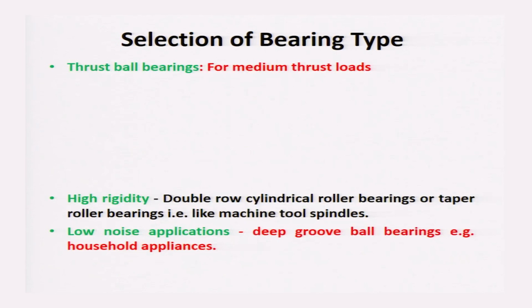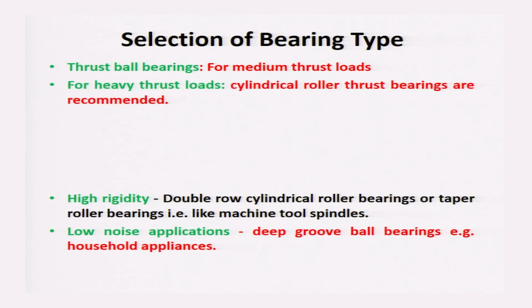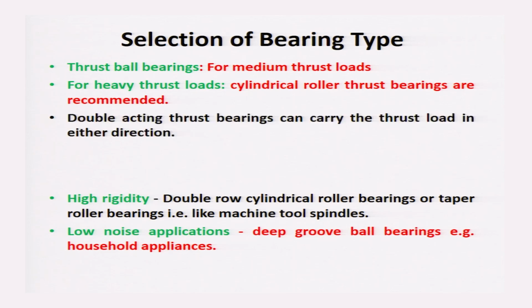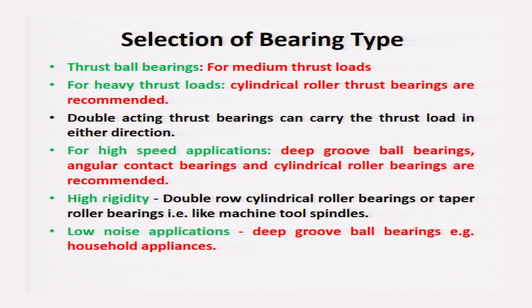Thrust ball bearings are used for medium thrust loads. For heavy thrust loads, cylindrical roller thrust bearings are recommended. Double acting thrust bearings can carry the thrust load in either direction. For high speed applications, deep groove ball bearings, angular contact bearings and cylindrical roller bearings are recommended.